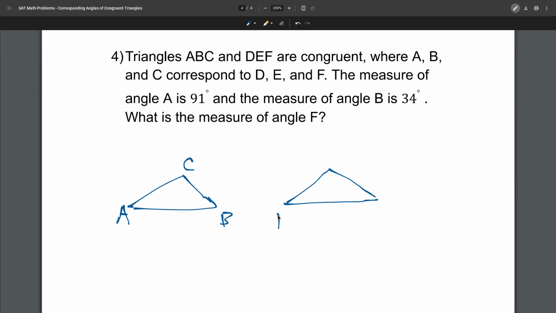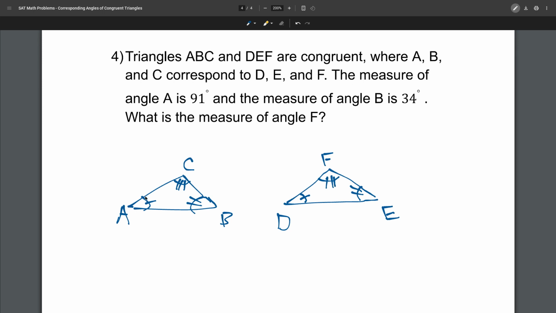Then we've got D, E, and F. A corresponds to D, so these two angles are congruent. B corresponds to E. And C corresponds to F.